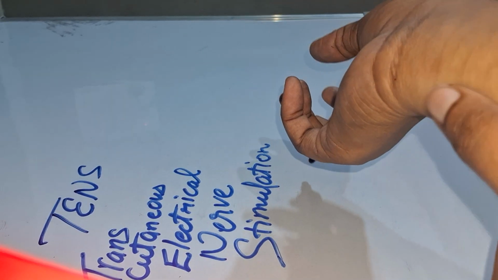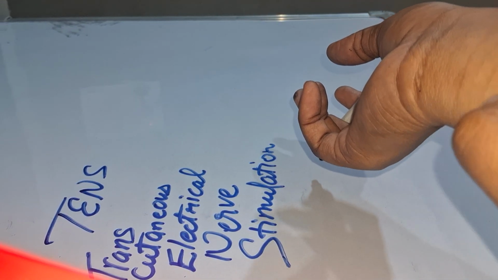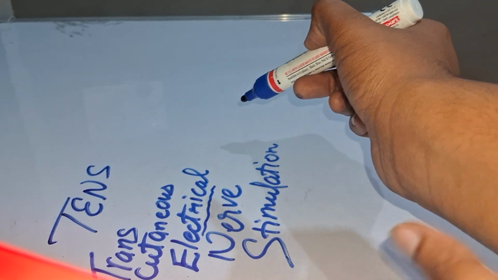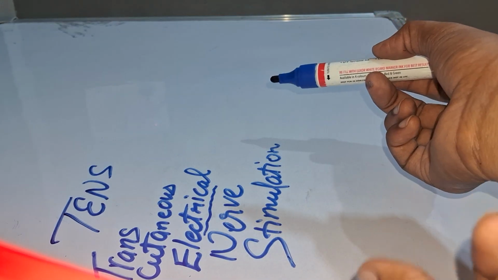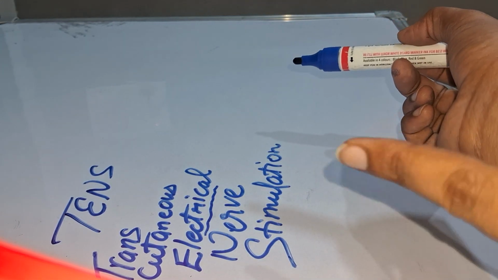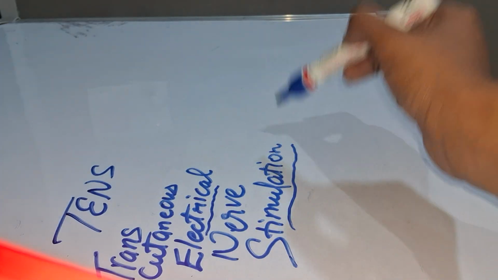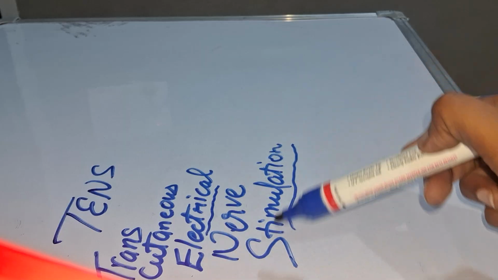Through the skin, electric current penetrates. Electric currents in the form of little currents penetrate our skin and stimulate the nerve. This is a modality, transcutaneous electrical nerve stimulation.